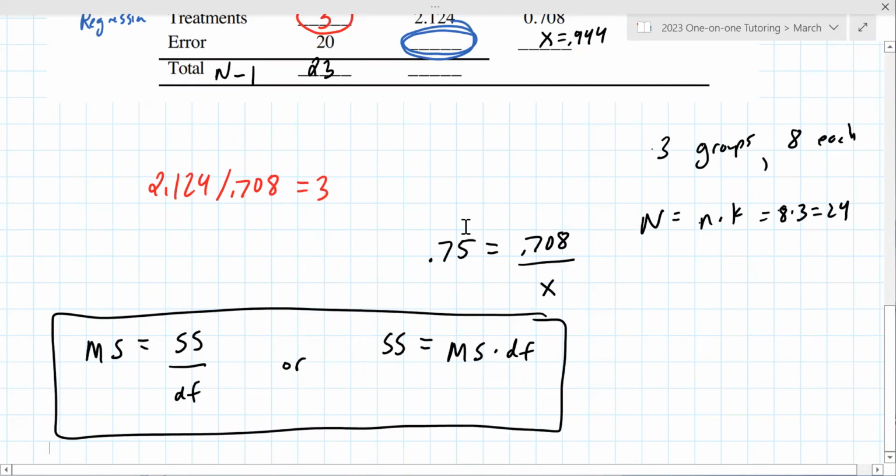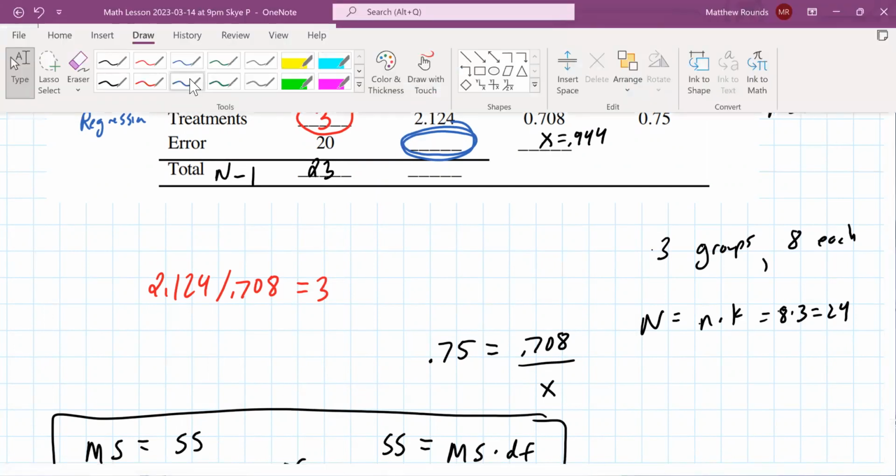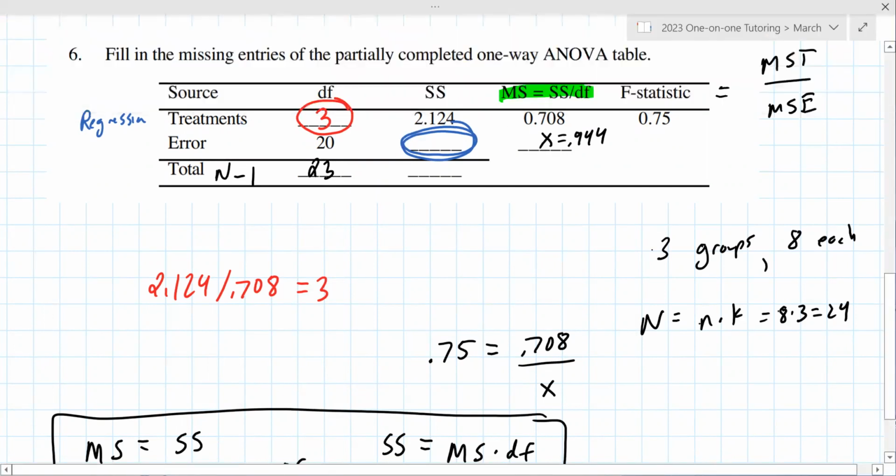Got it. But then how do you get from SS to SSE? Because you find the total. We don't have the total yet. We're going to find this blue one first. With this formula, you take the mean square times the degrees of freedom.